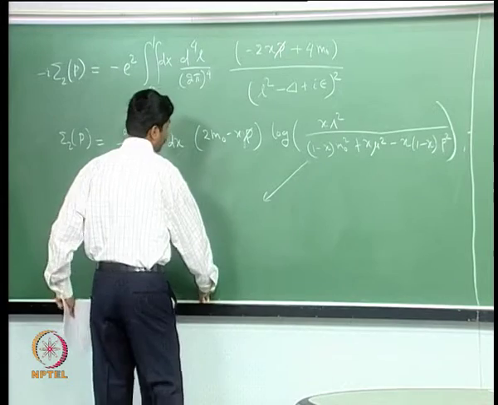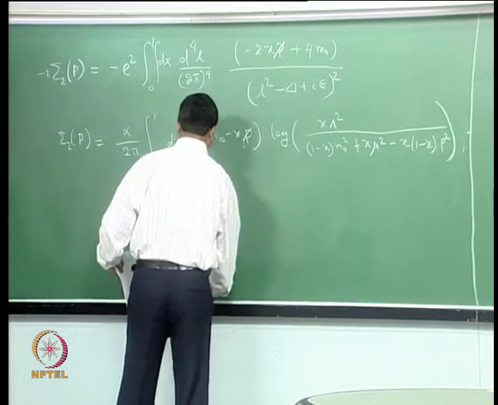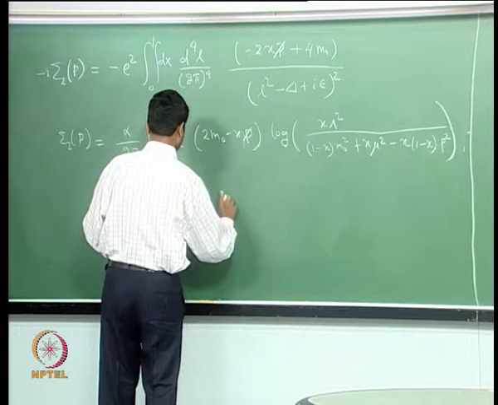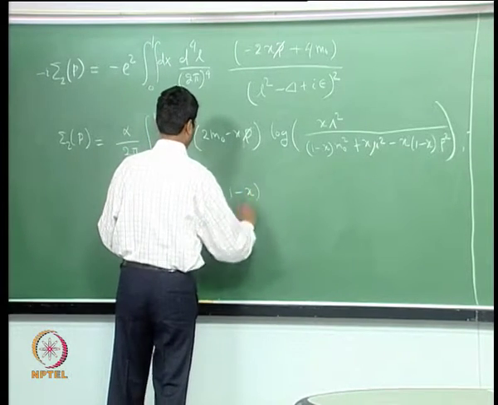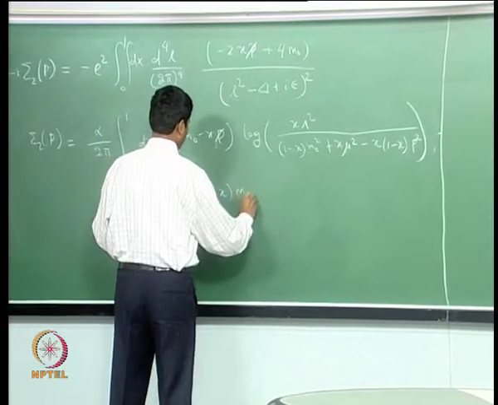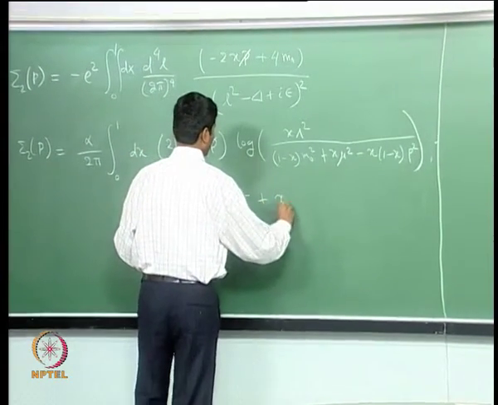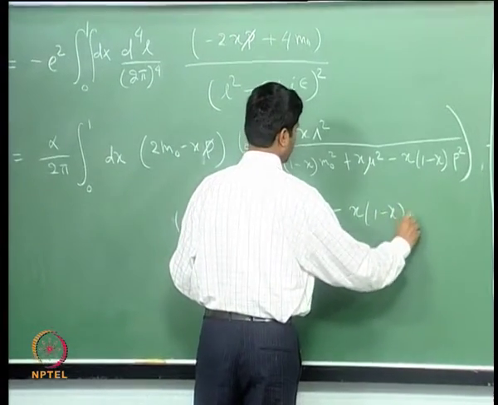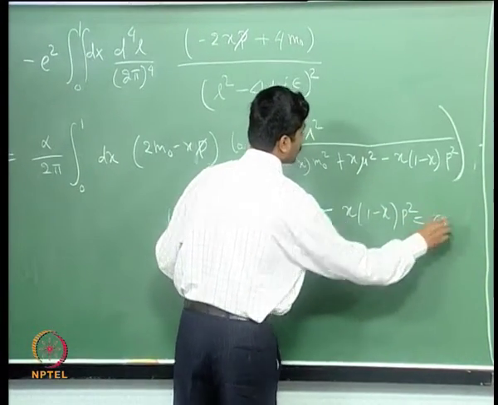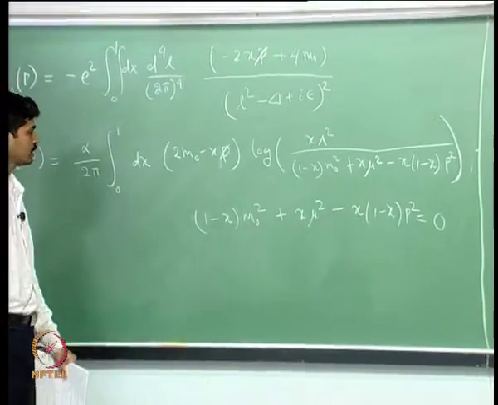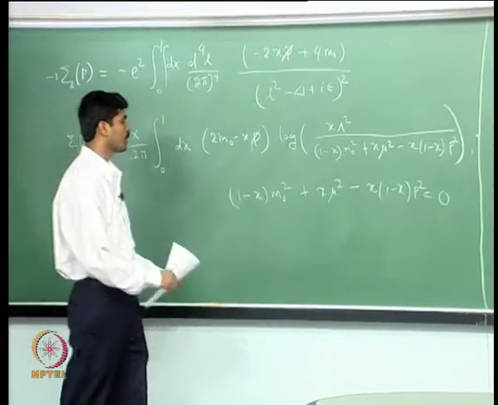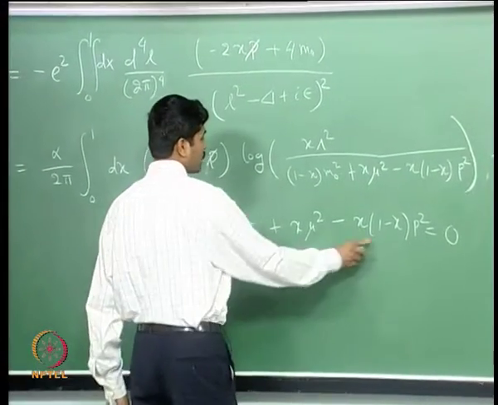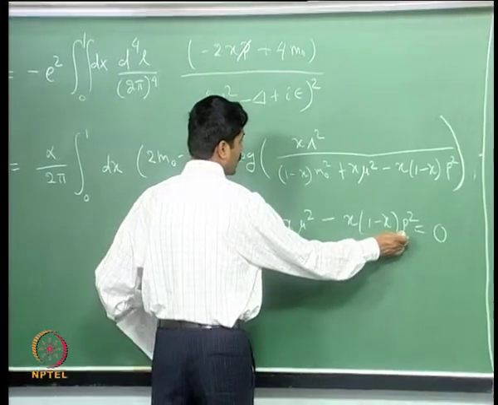So, for any x, the branch cut starts when this quantity, the denominator, simply vanishes: 1 minus x m 0 square plus x mu square minus x into 1 minus x p square equals 0. Okay. So, you can solve for it, and you can see that this quantity is negative for sufficiently large p.